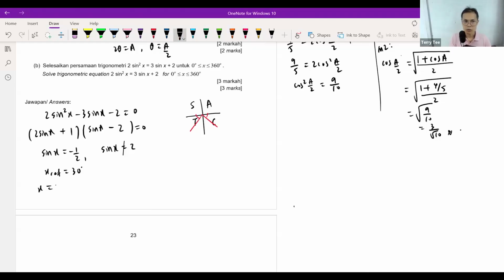If it lies on quadrant 3, we take 180 plus 30. Remember, 180 is here. You add the small angle here, 30. And then you take 360 minus 30. Quadrant 4 is up to here, 360. You go back by 30. So this is 210 and 330.